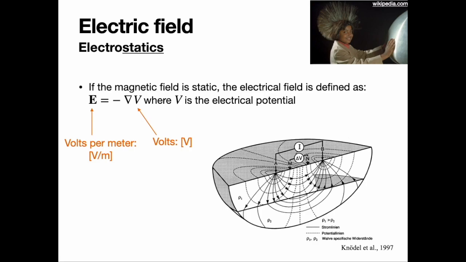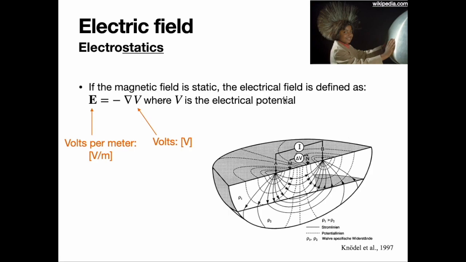Then, if the magnetic field is static, the electrical field will be independent from it, and it can be defined as E equal minus gradient of V, where V is the electrical potential.